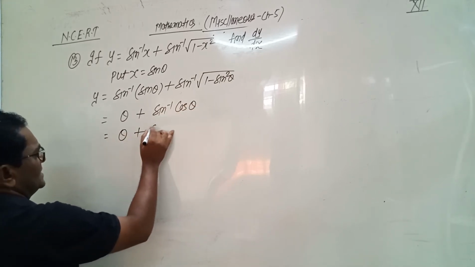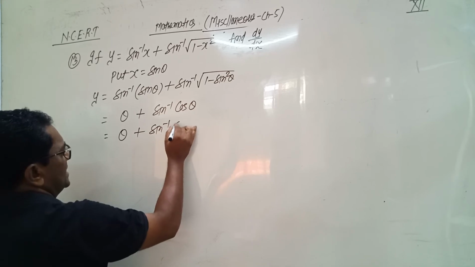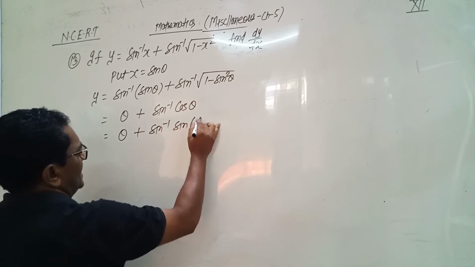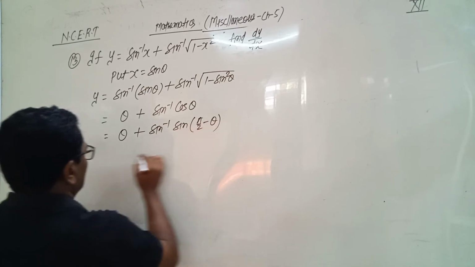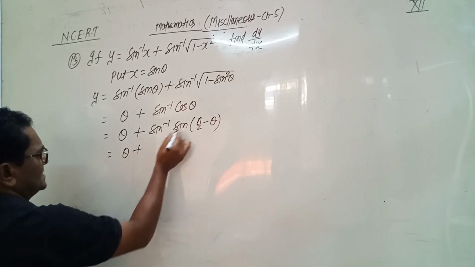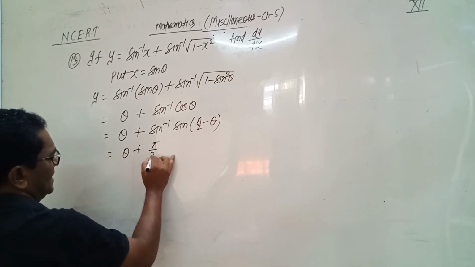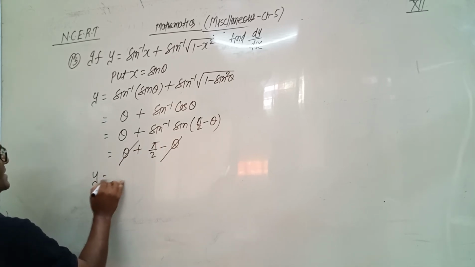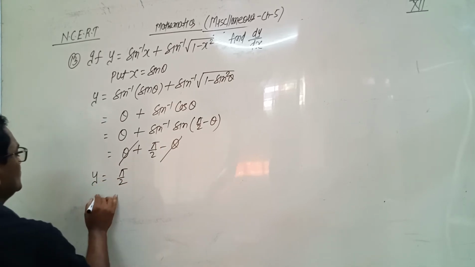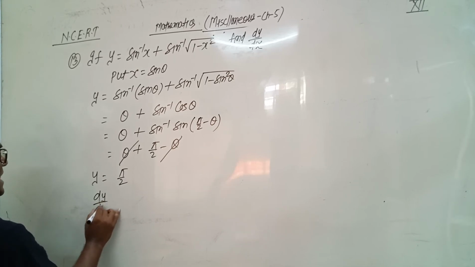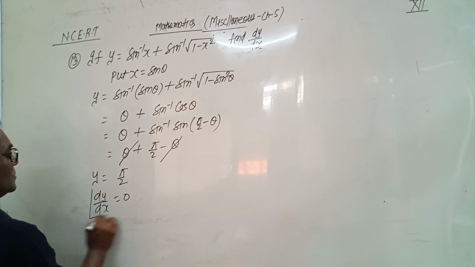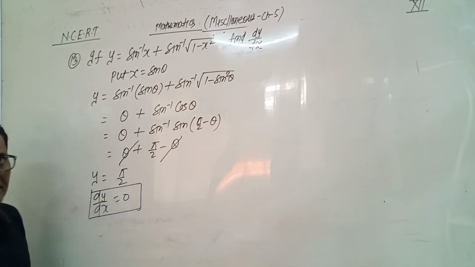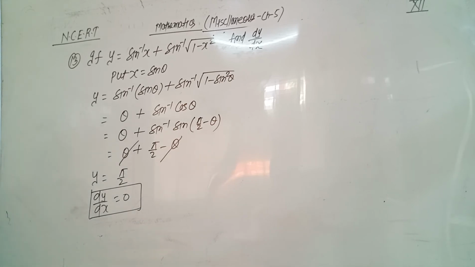So theta plus sin inverse cos theta is written as sin inverse sin (pi by 2 minus theta). So it becomes theta plus pi by 2 minus theta, as sin and sin inverse cancel. Theta and theta get cancelled. y equals pi by 2 and dy by dx equals 0 because pi by 2 is a constant term and differentiation of a constant is 0.